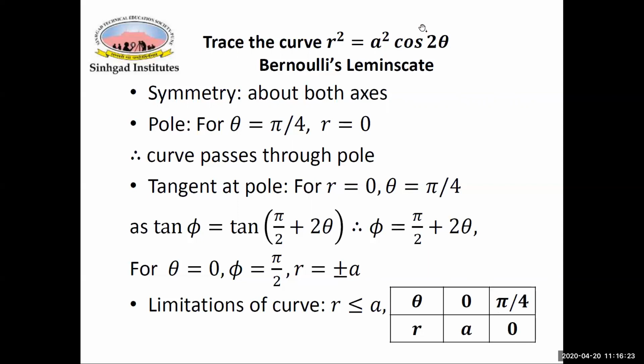And when we move from pi by 4 to pi by 2, put pi by 2 here, what do we get? Cos pi. Cos pi is minus 1, so r square is minus a square. So r is imaginary. Hence, between pi by 4 to pi by 2, the curve will be imaginary, meaning it will not exist. And hence the curve exists between 0 to pi by 4 and there is no curve between pi by 4 to pi by 2. So these are all the points which we need to draw the curve.